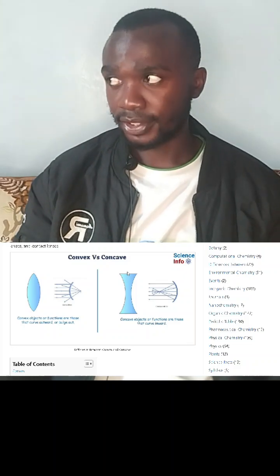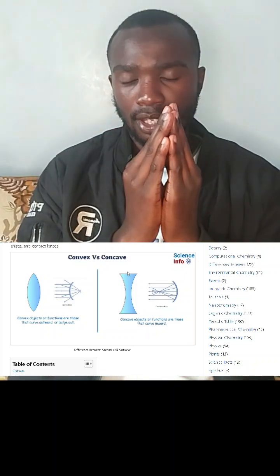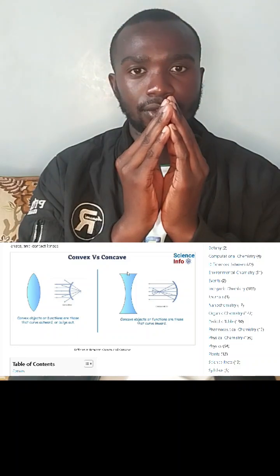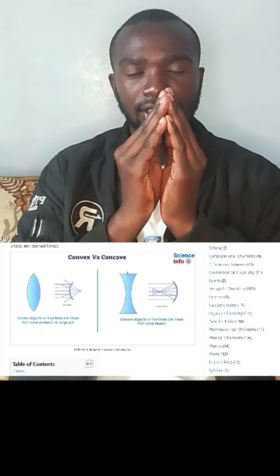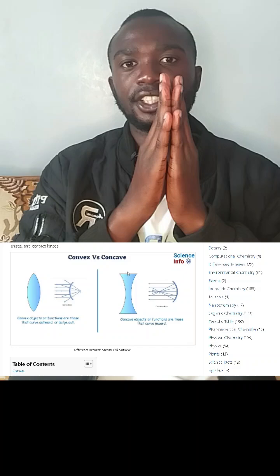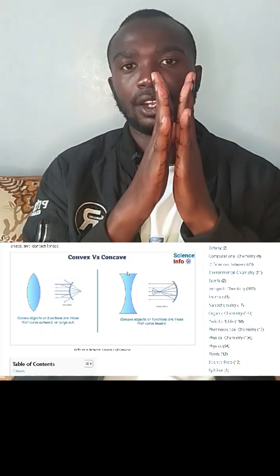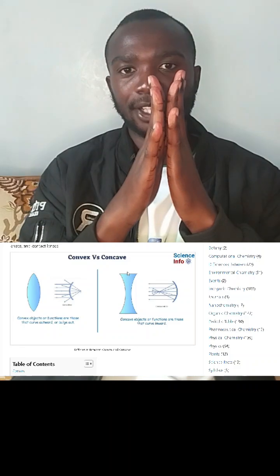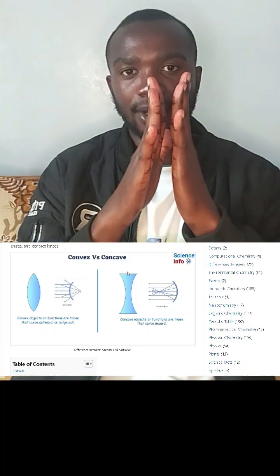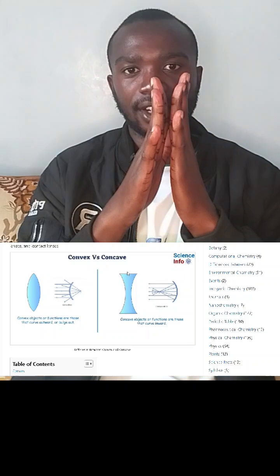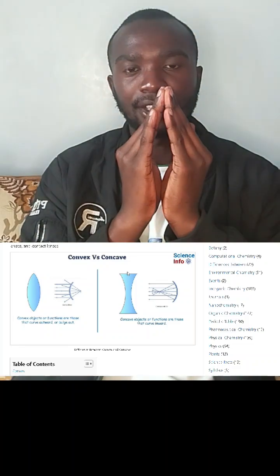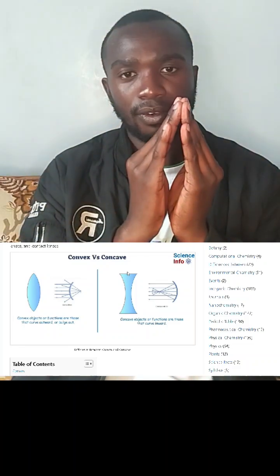So unapata the convex hapo upande wa katikati ni kama imefura, lakini in the concave, the center part of the lens, it is getting slimmer in the middle. So the slimmer one at the middle part, hii ndio tunaitwa the concave lens. Na the one which is a bit broader in the middle part, hii ndio tunaita the convex lens.